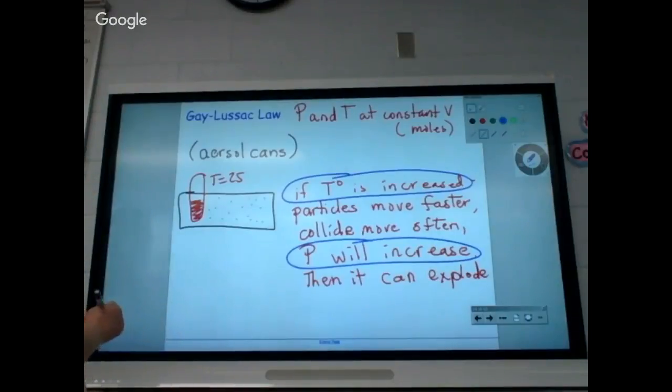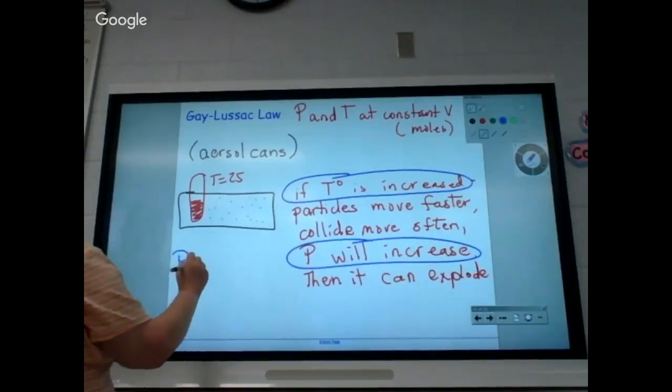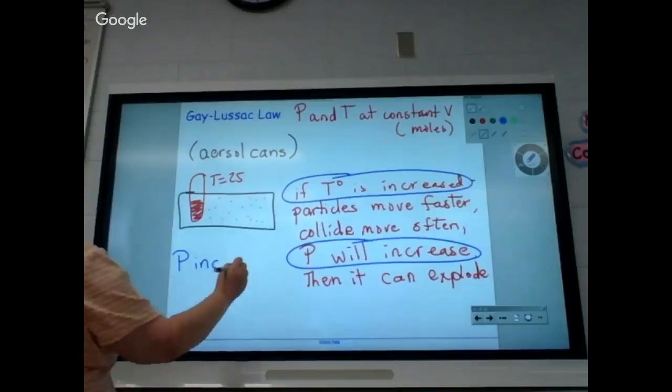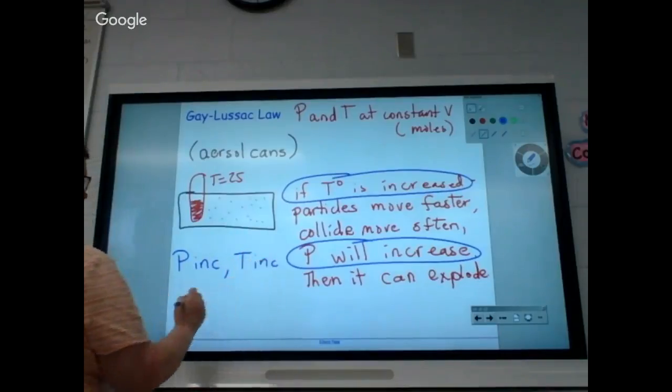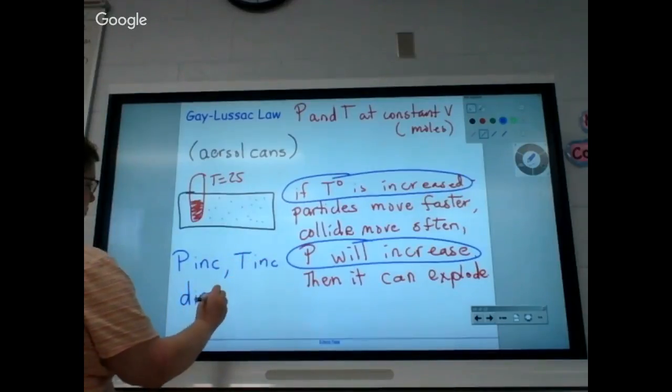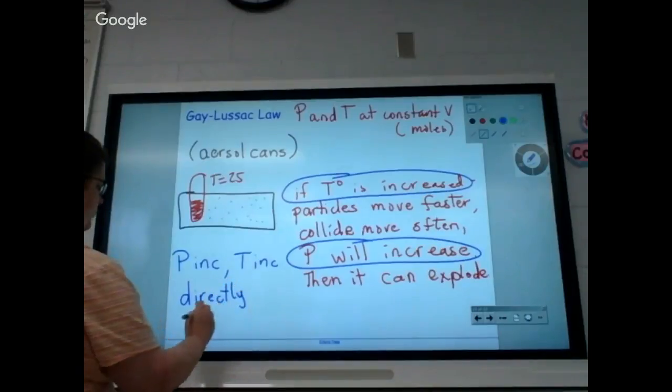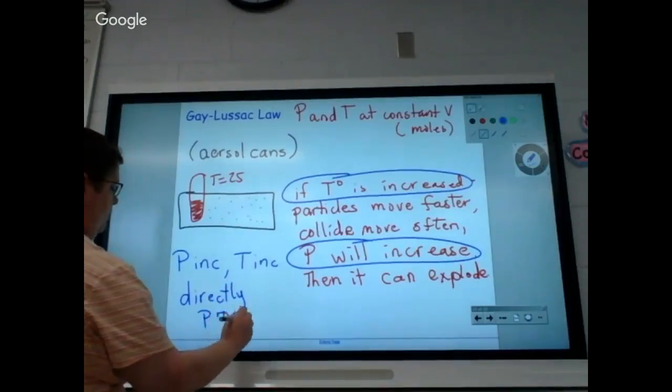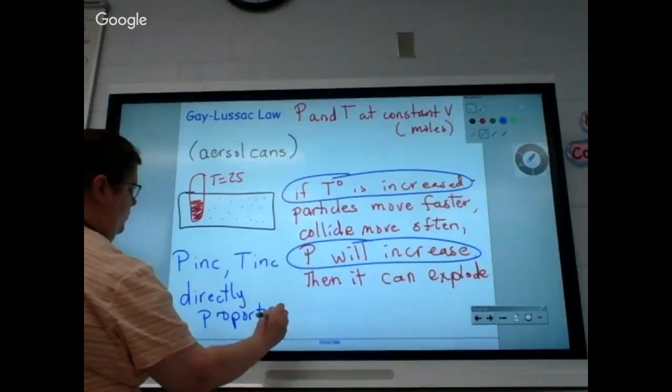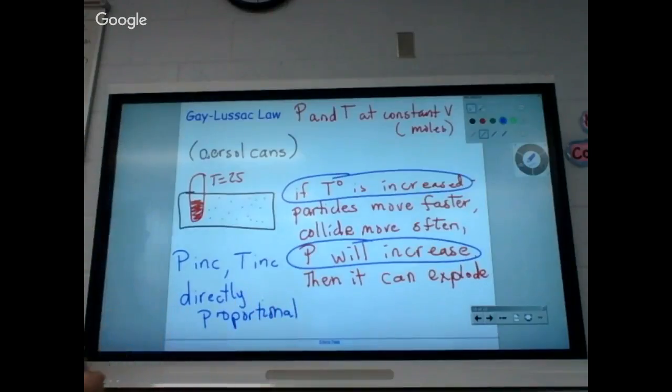All right, so if temperature is increased, pressure is increased, what can y'all tell me? Directly proportional. That's right. Pressure increased, temperature increased, and they're directly proportional.